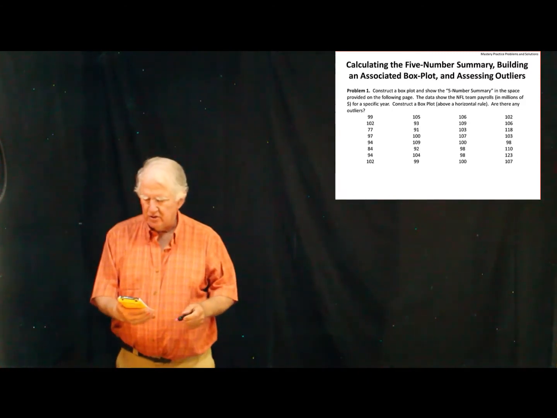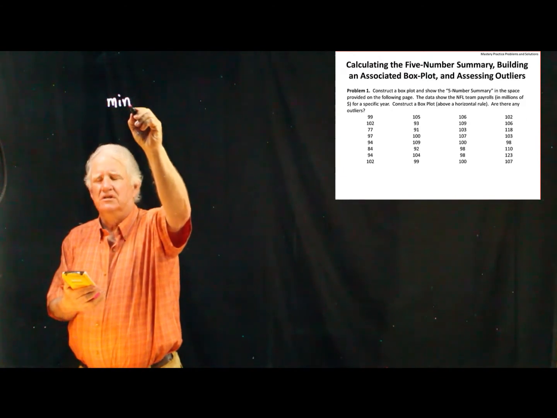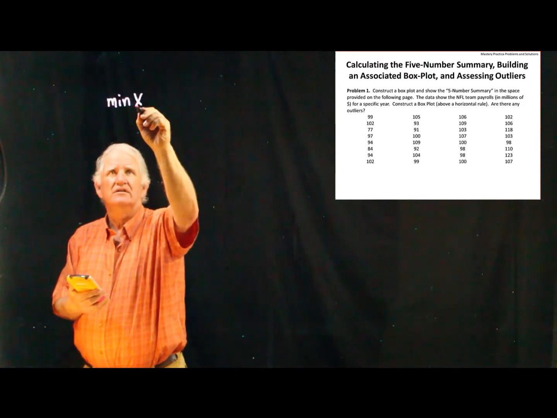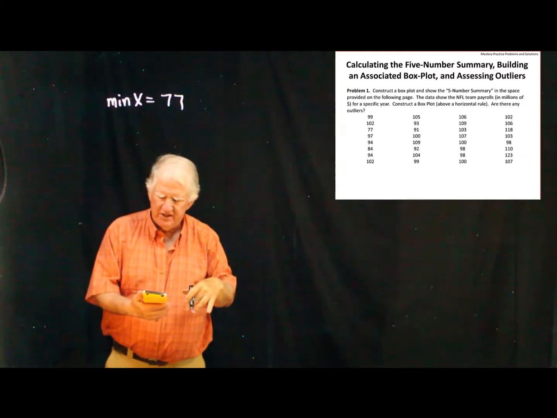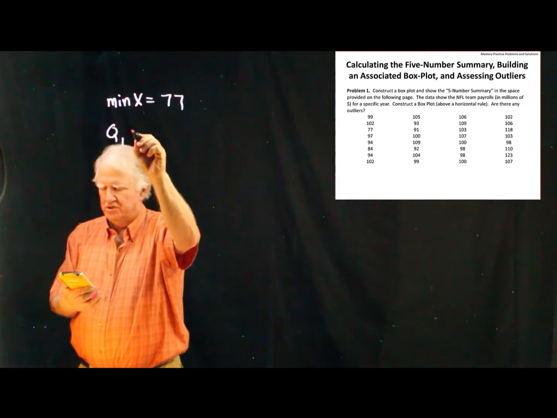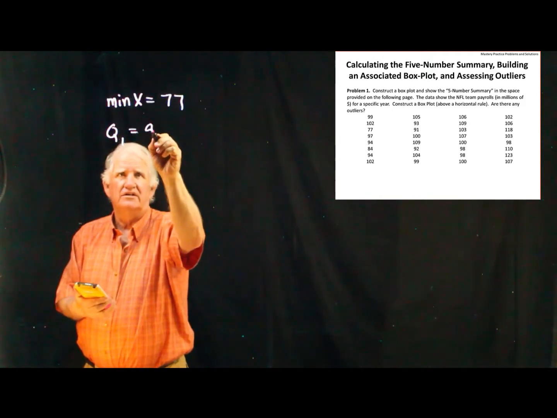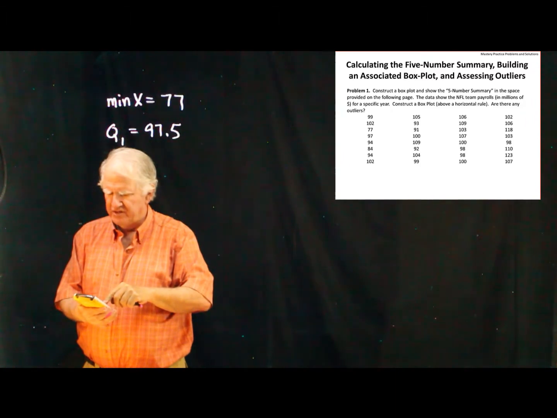In particular, it will tell you that the minimum value, min x, next to the last item on the first page, is 77. The first quartile is 97.5. I'm going to scroll down a little bit.